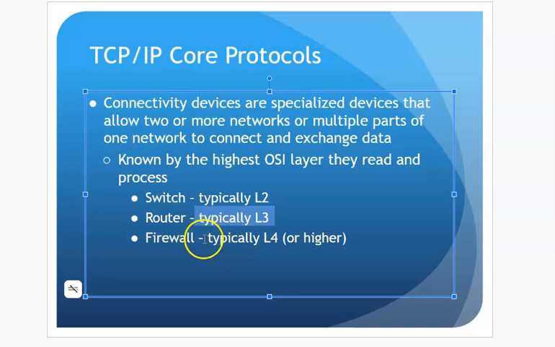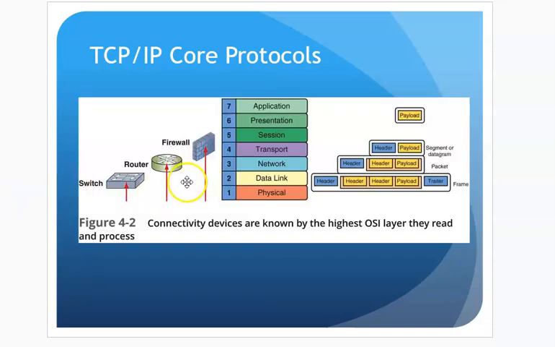A firewall is typically going to read your TCP header for these port numbers to decide whether this traffic should be allowed through or not, so we typically call a firewall a layer 4 device. As we're dealing with equipment in TCP/IP networks, we usually refer to them by the highest layer that they read, examine, and make decisions on where that traffic goes.